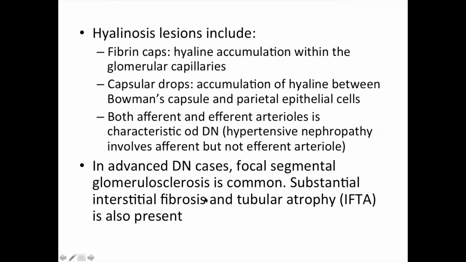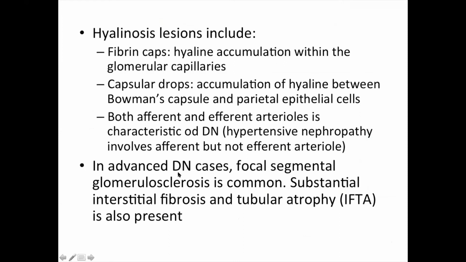And how do you differentiate hyalinosis between diabetes and hypertension? In diabetes, both the afferent and efferent arterioles entering the glomeruli have hyalinosis, whereas in hypertensive nephropathy it's only the afferent, because it comes from the systemic vasculature.